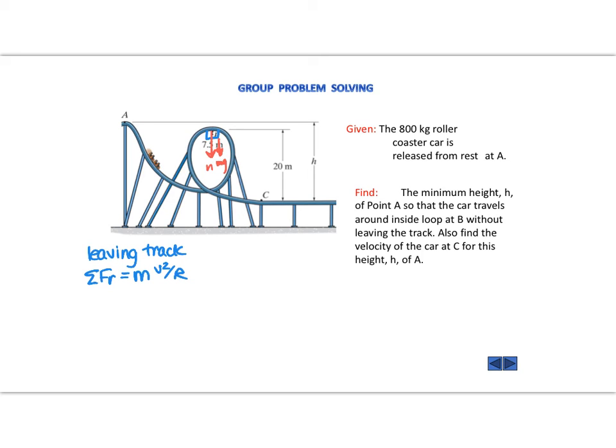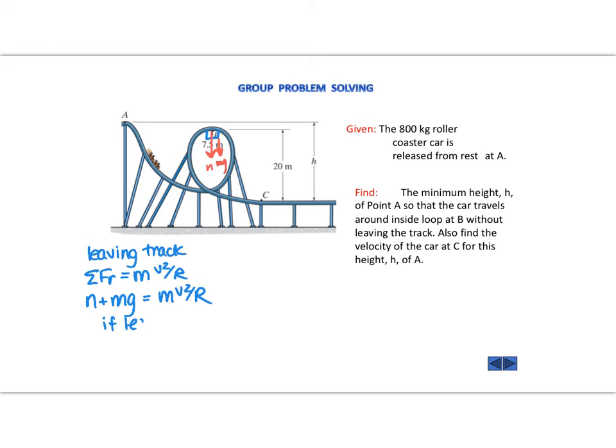The two forces I identified are the normal force, which is the force the track exerts on the car, and the force of gravity. Those both point down, which is also the direction of the acceleration, so I'm making them all positive instead of all negative. It doesn't really matter.